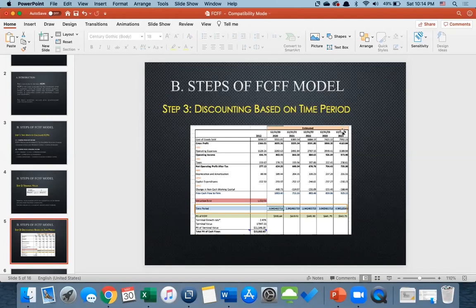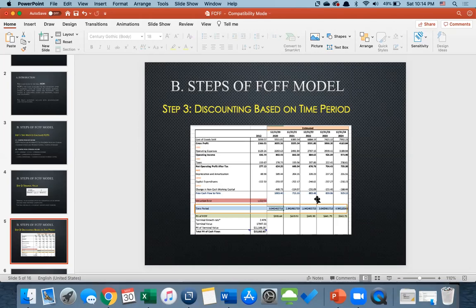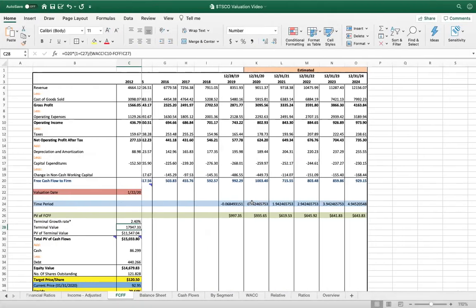So the next step is to discount based on the time period. As we all know, every time we do the valuation, it is not exactly 1 year before the next fiscal year ending. So we need to calculate the time period. As an example, we give you an easier way to calculate it.